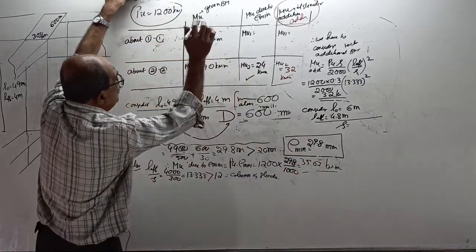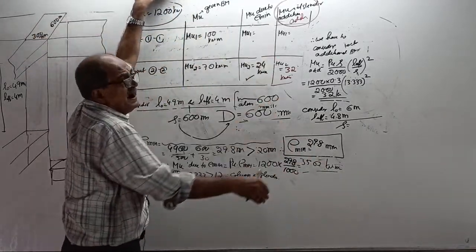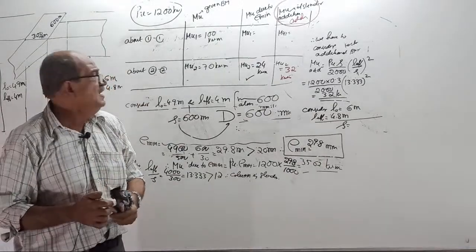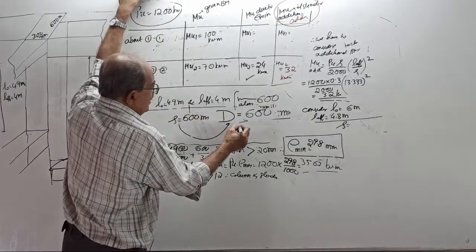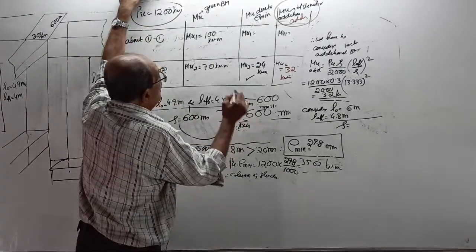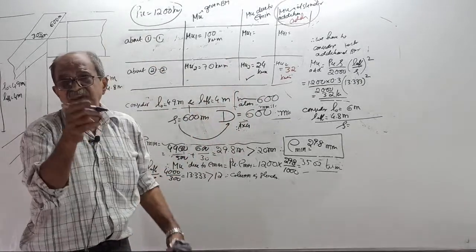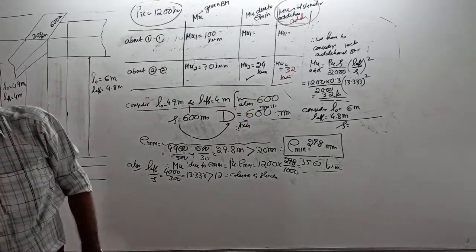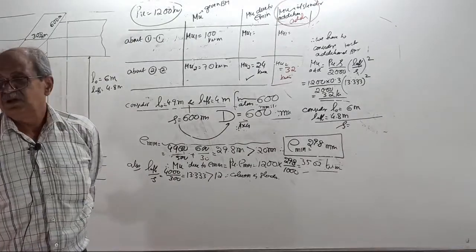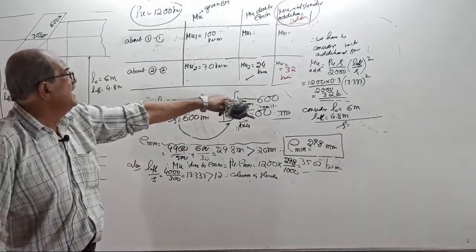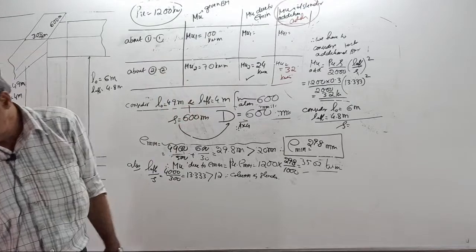Tell me the axis now. When depth is 600, which is the axis? See, which is the axis you are considering? 1-1 or 2-2? I saw the depth and decided the axis now.